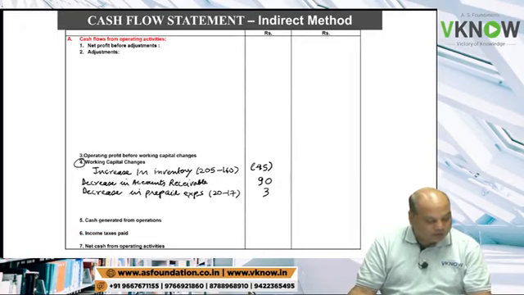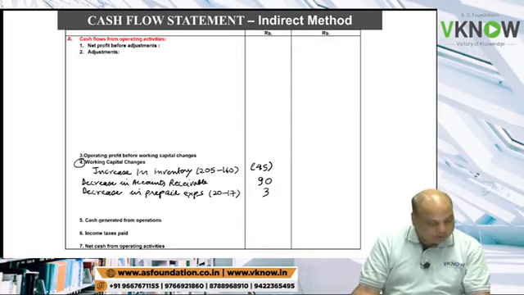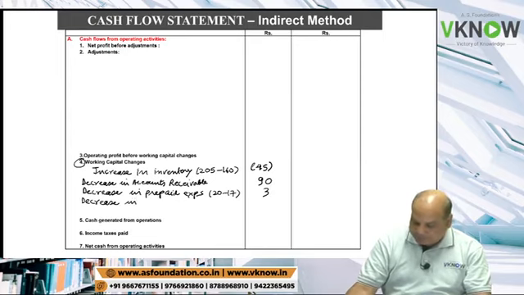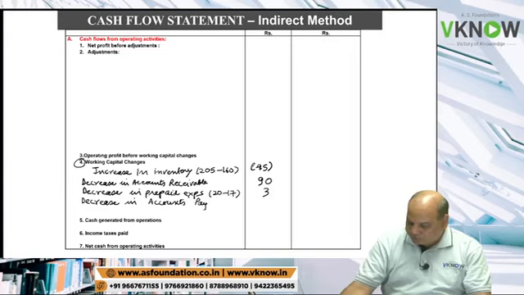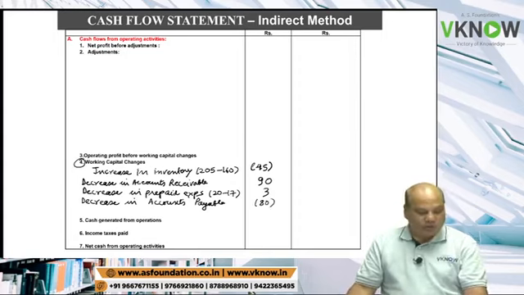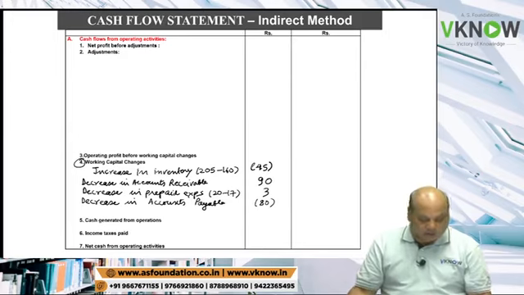So this is current liability, working capital changes, point number 4. 310 has become 230. So I will call it decrease in accounts payable. Decrease in accounts payable, 310 minus 230. Decrease in current liability is a decrease in cash flow.